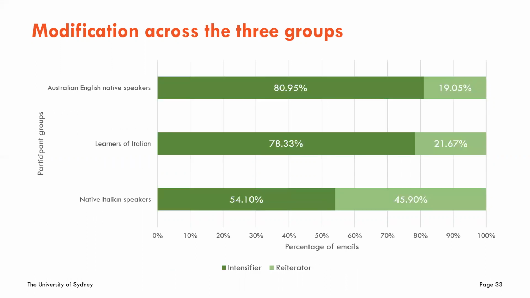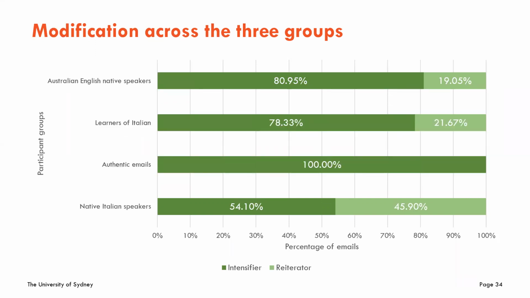When we look at the types of modifiers used across the three groups, the Australian English native speakers and the learners of Italian predominantly favour intensifiers. So very much an emphasis here on strengthening that apology rather than reiterating the apology. And that's not the case in the native Italian speaker data.